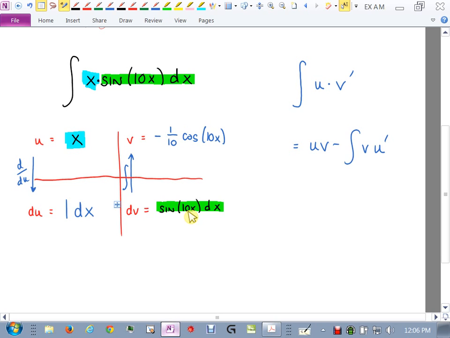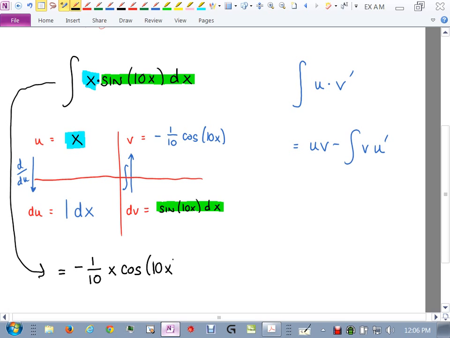All right, let's put the integration by parts together now. This integral should become, according to this formula, u times v. Here's u, here's v, right? Just multiply these two things together. x times this. Wouldn't that just give me negative 1/10 x cosine 10x?